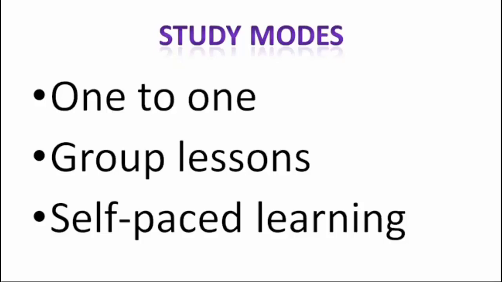Or you can enroll in a group lesson course, and this is a more affordable course because you study with a group of people who are interested in Egyptian Arabic conversation, and you motivate and encourage each other in learning together, and you also meet every specific day of the week at a certain time.